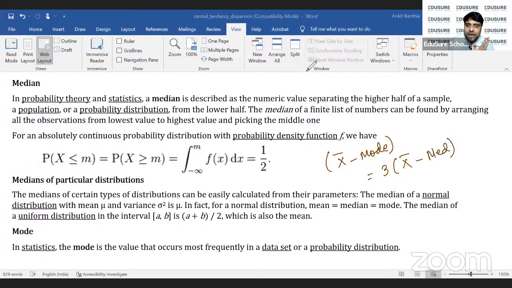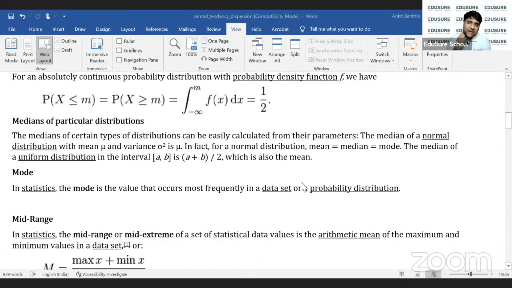Basically, this is the relationship between the mean, median and mode for a well defined distribution. There are also other measures of central tendency, like the mid range. Mid range is nothing but the minimum value plus the maximum value divided by 2.